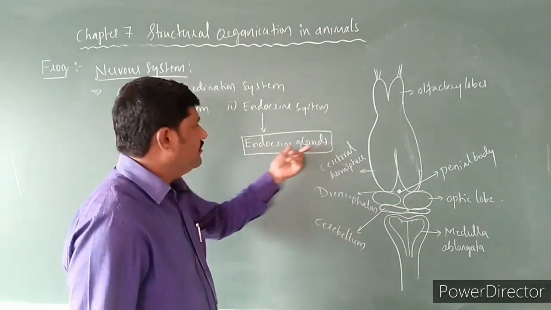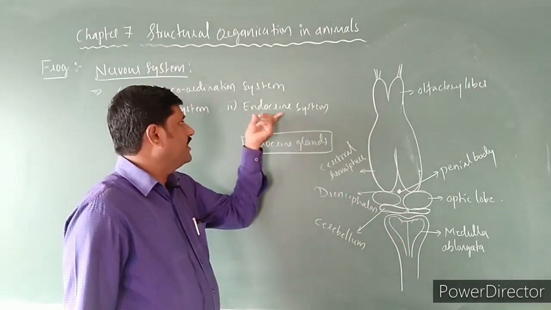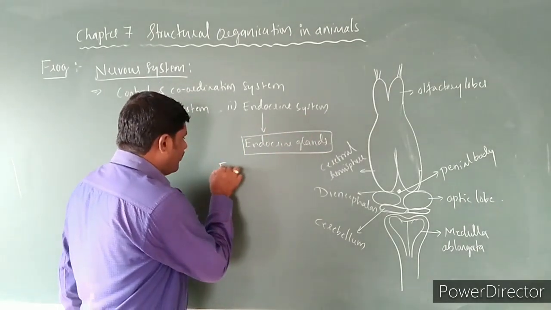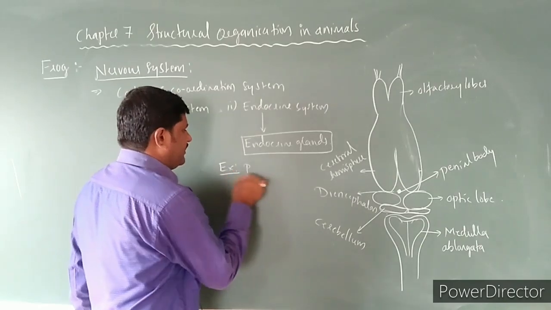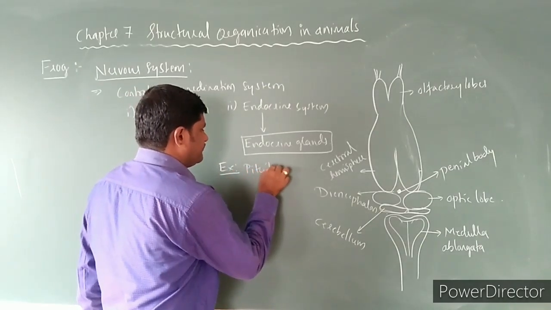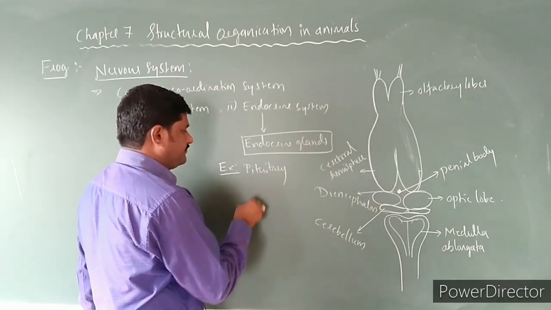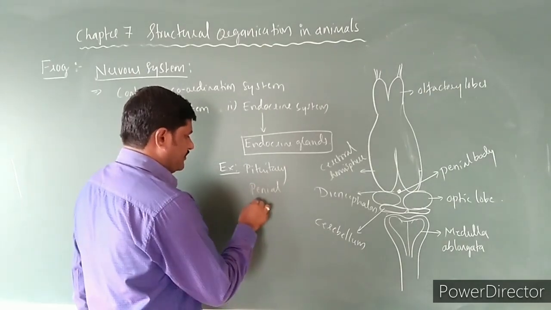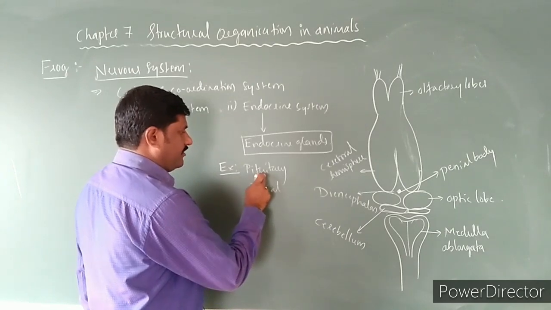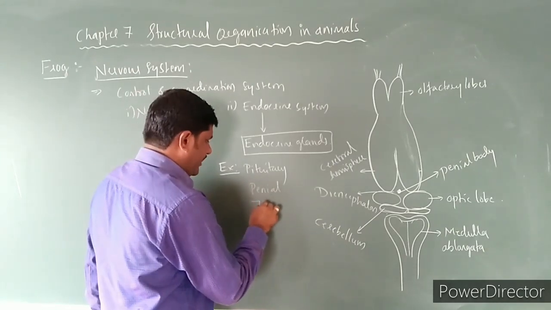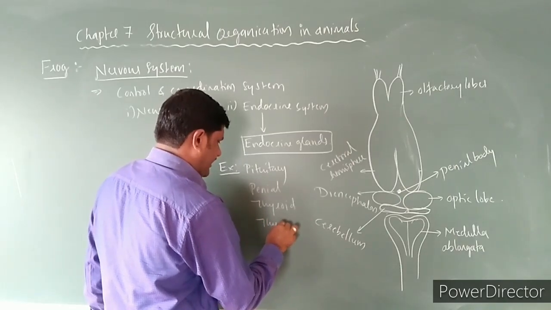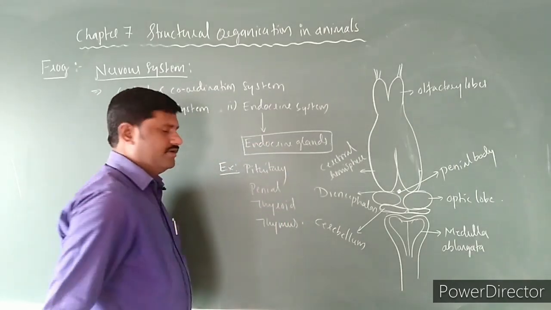So endocrine glands come under the endocrine system. The best examples are the pituitary gland, the pineal gland, right? The thyroid gland, the thymus gland.